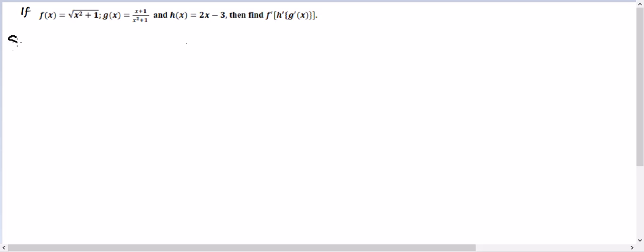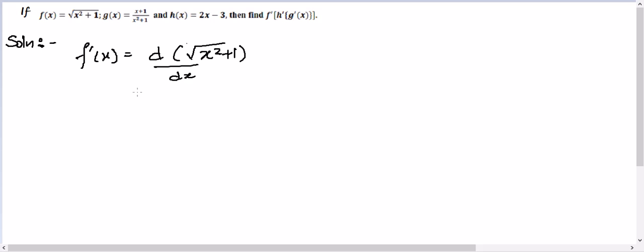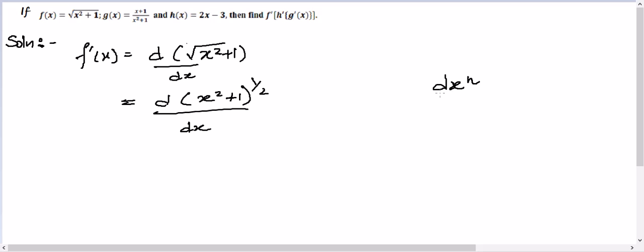To begin with, let's differentiate all the given functions. So f dash x will be d of under root x square plus 1 by dx. We write it as (x square plus 1) to the power 1 by 2, by dx. We use the formula that when differentiating x to the power n, we get n x to the power n minus 1.